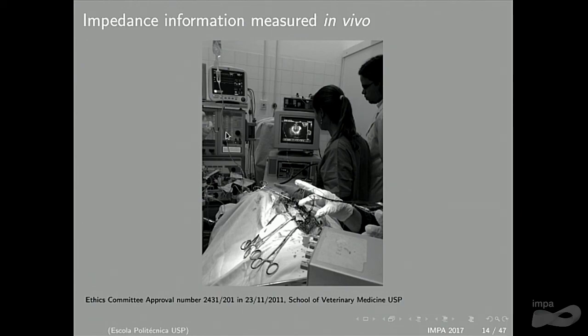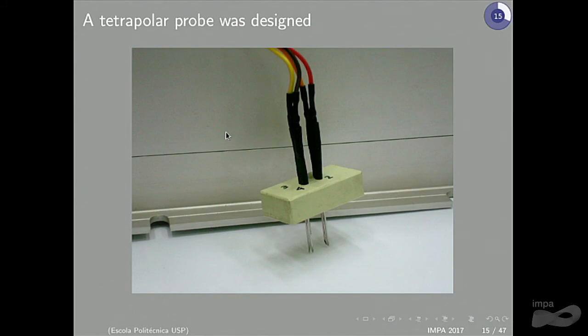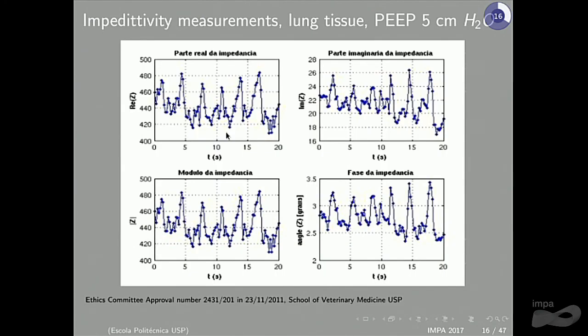The experiments, the data collection took now 9 hours each pig. And we needed to extract the sternum. And we used a probe to measure the impeditivity of all the tissues.